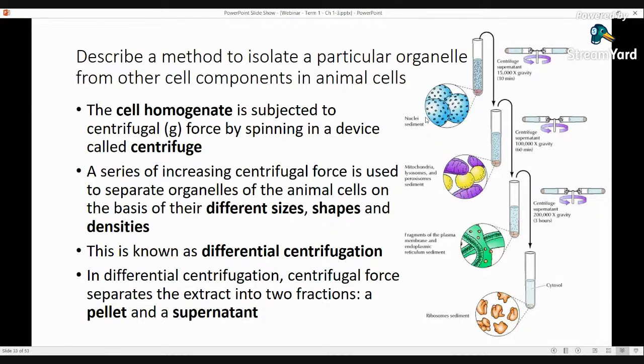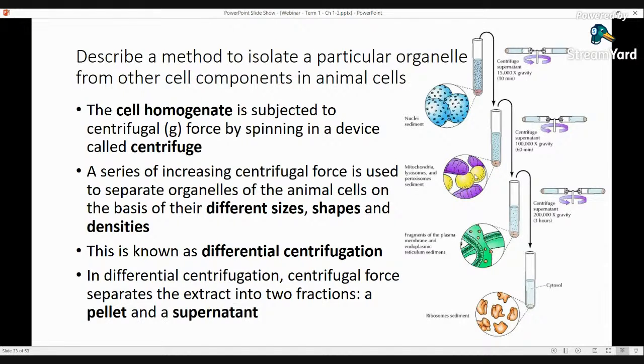Pellet 1 contains the nuclei, the largest organelles. Supernatant 1 contains other cellular components. So we transfer supernatant 1 to a new centrifuge tube, then increase the centrifugal force to spin it. Then it forms supernatant 2 and pellet 2.